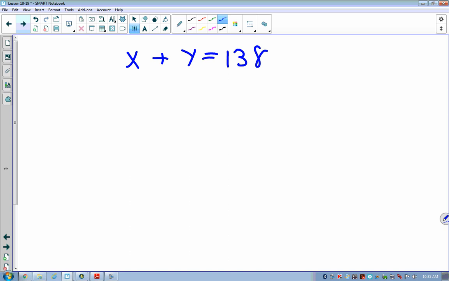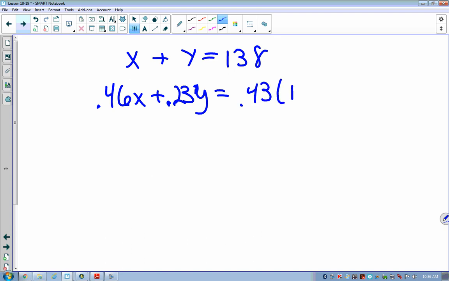That's important, because as we move on, that first equation, we got a 46%, so 0.46x plus 0.23y equals, we want to form, we're adding these things together to form 138 liters of a 43% solution. So 0.43 times 138.